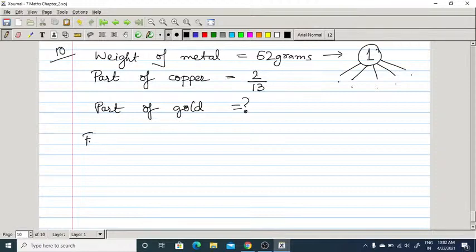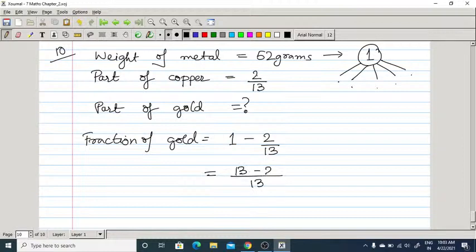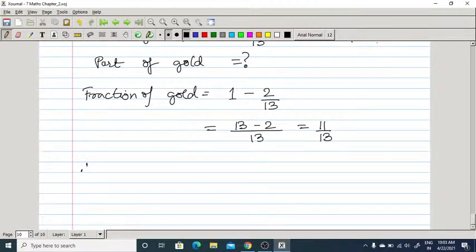The fraction of gold will be 1 minus 2 by 13, which is 13 minus 2, equal to 11 by 13. Okay, so ultimately we need the weight of gold present in the metal.